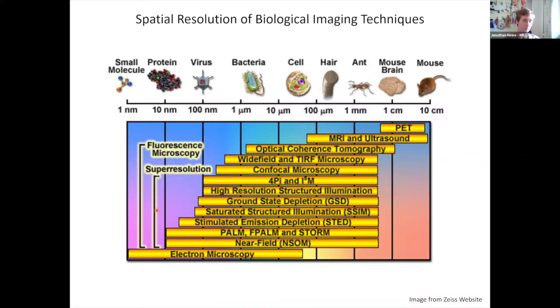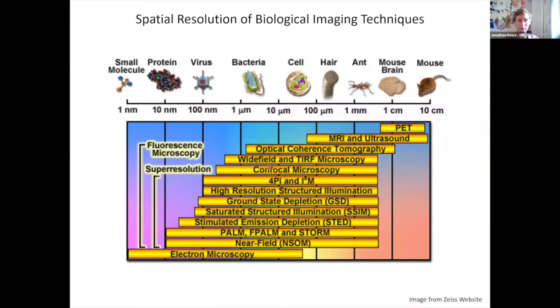If you're interested in small protein or small molecule resolution, then most people would opt for electron microscopy, because that gives you the highest resolutions. And if you're in the middle, that's where fluorescence microscopy comes in. Typical fluorescence microscopy techniques you will have heard of are wide field microscopy and confocal microscopy.